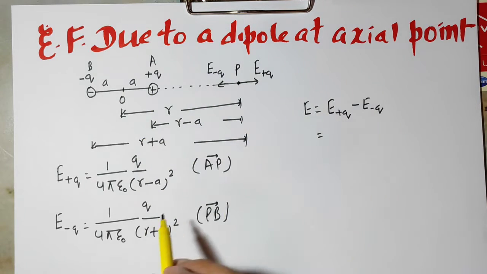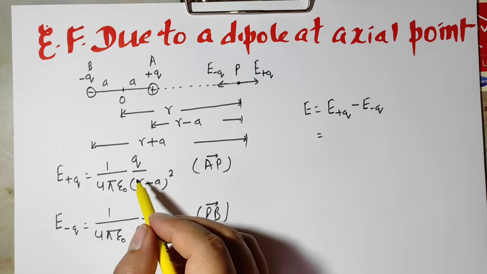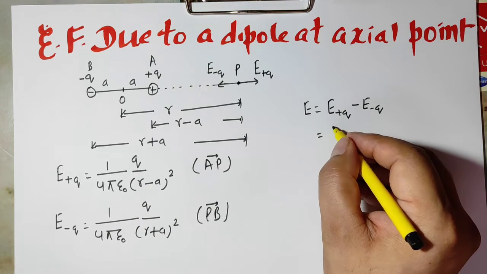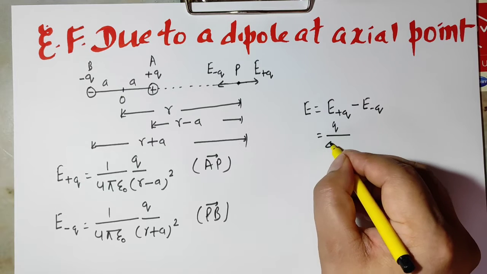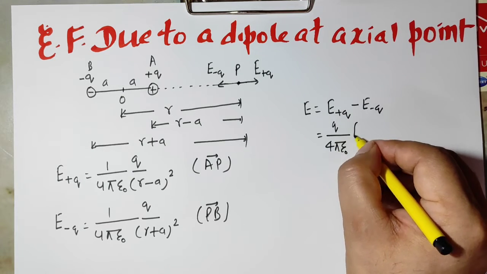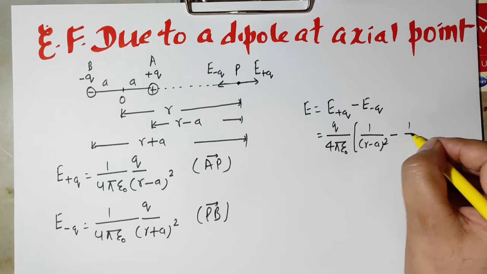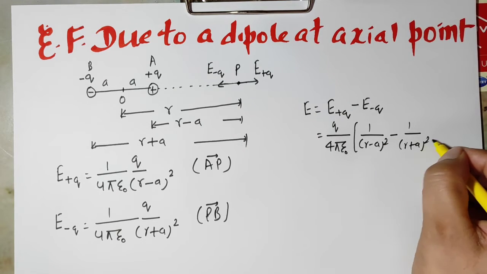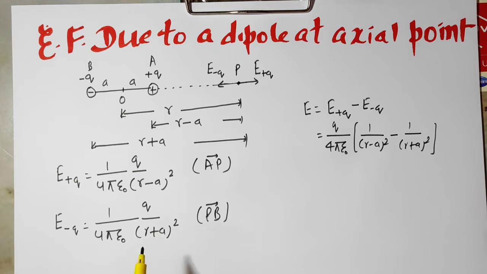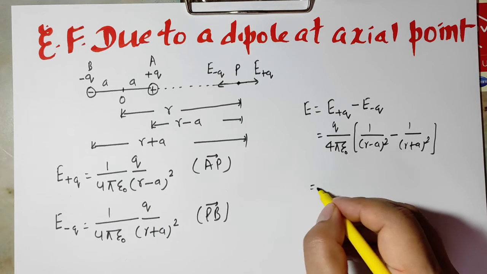Now we just need to subtract this from this, and you can clearly see we can take this common, and we have 1 upon (r minus a) square inside, and here (r plus a) square. So we subtracted this from this, and we are getting this.